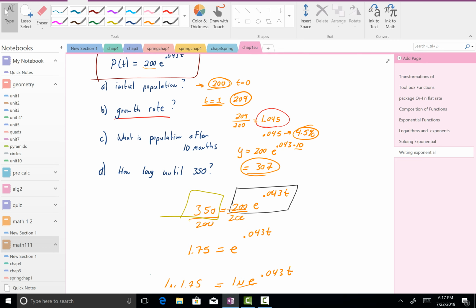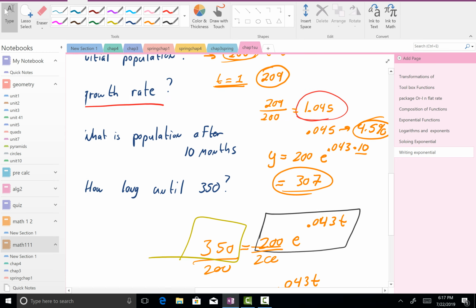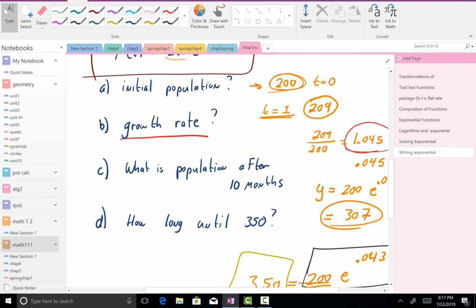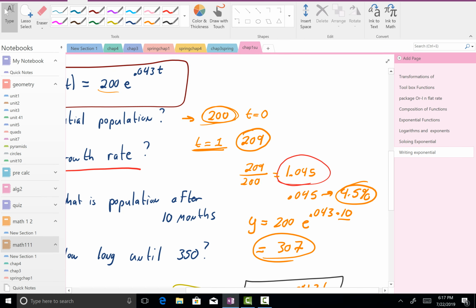Just go over the growth rate. Go over how we found the growth rate? Sure. So for the growth rate, we have to have two consecutive populations, right? Because then we can see how they changed. We already knew what the initial value was.